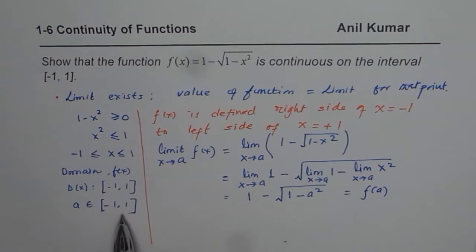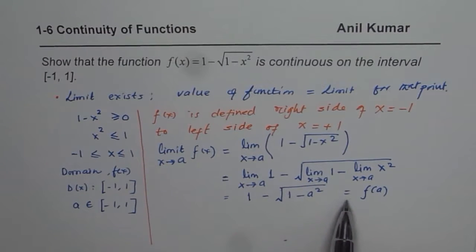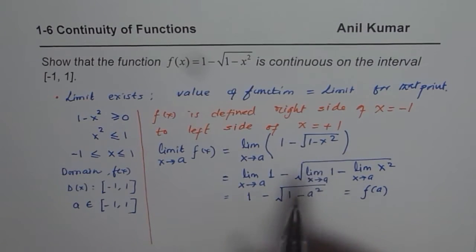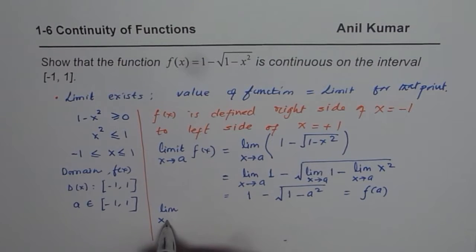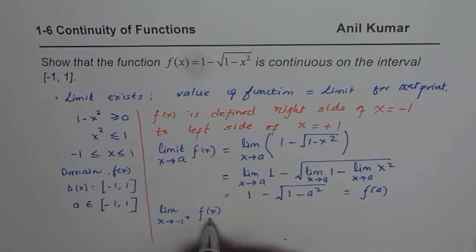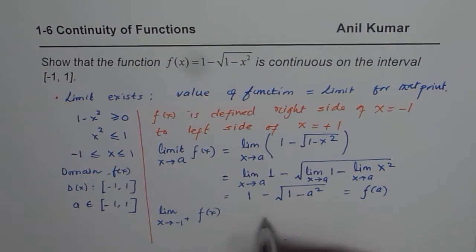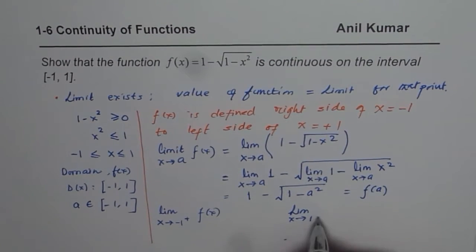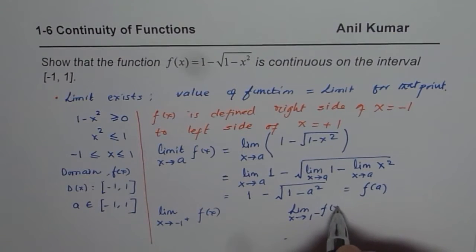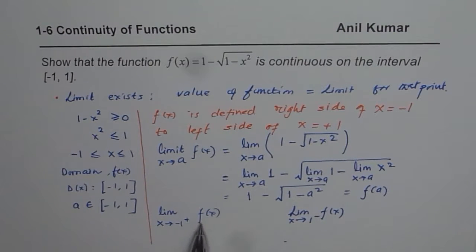Now since the function is defined within this interval only, what we also need to figure out is the limit as x approaches minus 1 from the positive side. Does it exist or not, right? And what is the limit when x approaches 1 from the negative side? Does it exist or not, right?